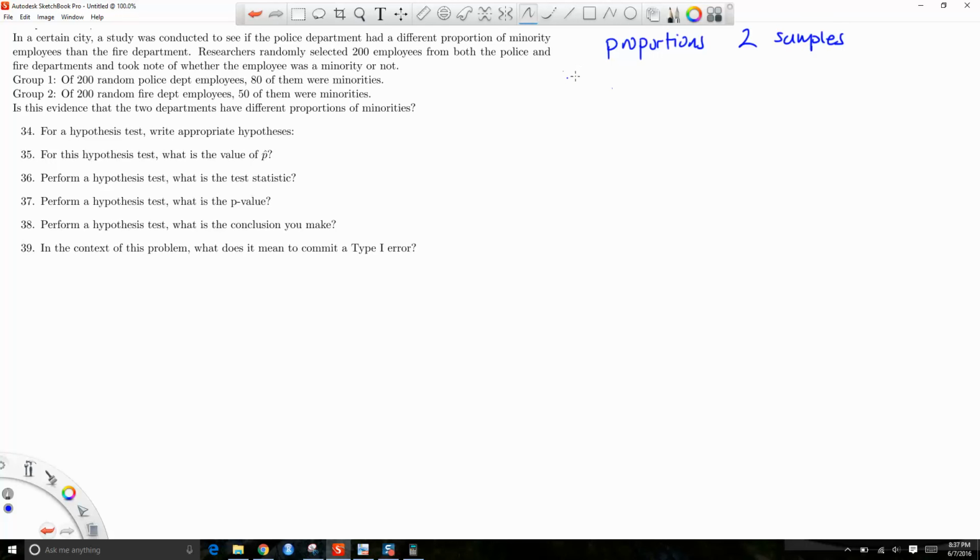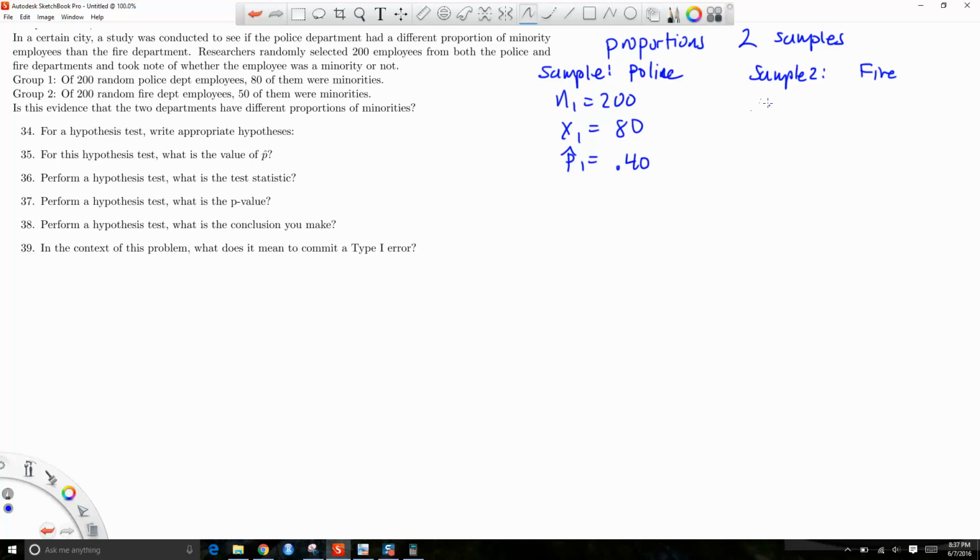Okay, so let's list off what we have. Sample 1 will be the police and sample 2 will be the fire department. N1 is 200, and the number of minority employees was 80, so our P hat 1 is 80 over 200, 40%.